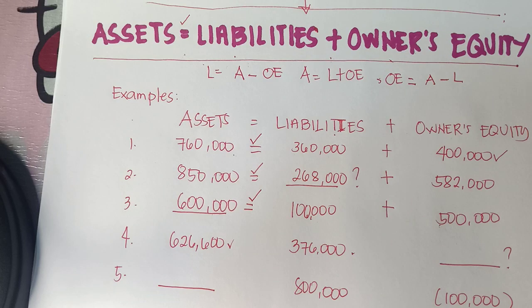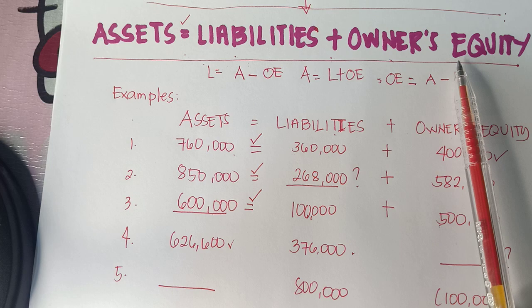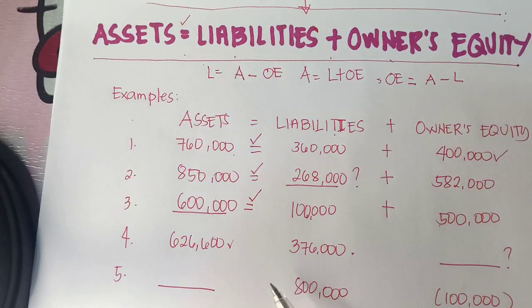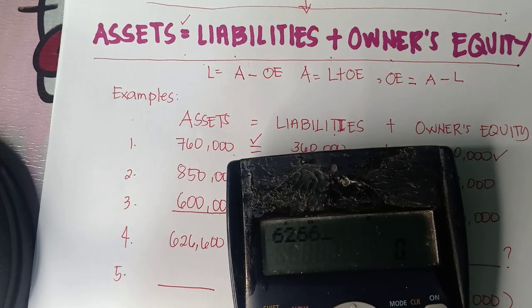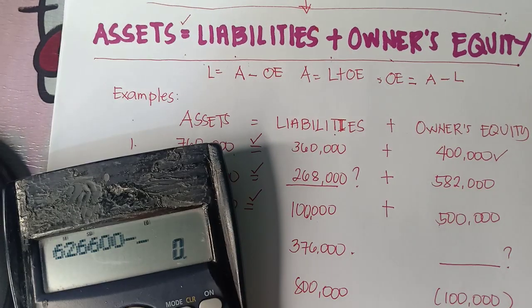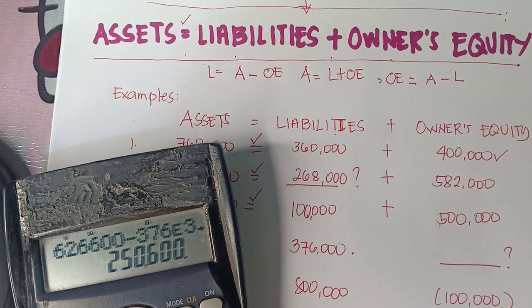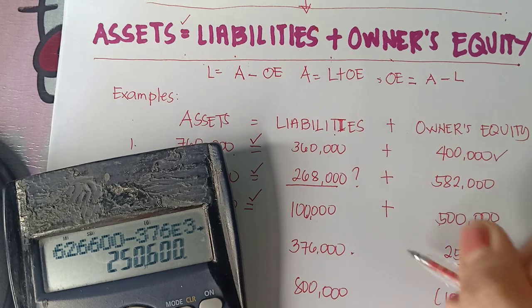So, assets of 626,600 less the liabilities of 376,000. The total owner's equity is 250,600.